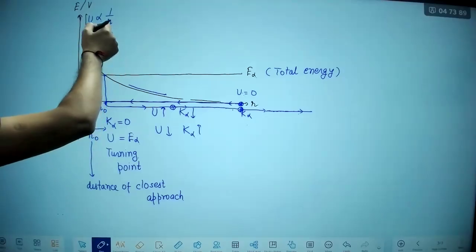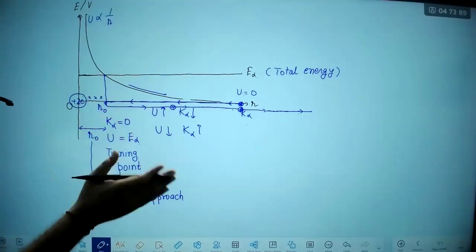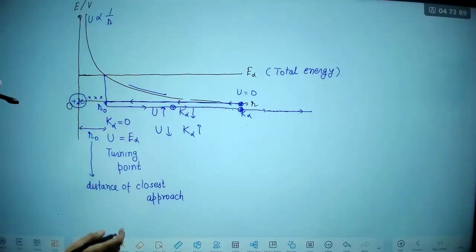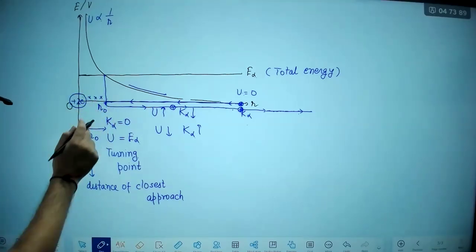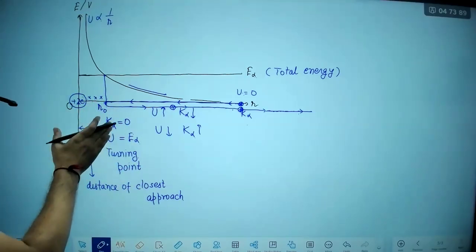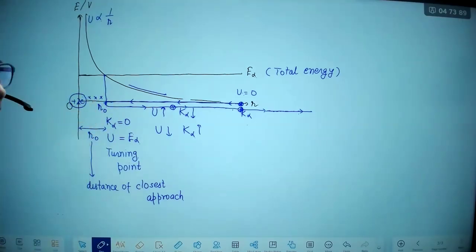If you look at this curve of U, it is greater than the total energy. So potential energy is greater than total energy, and kinetic energy will be negative if you calculate it. A particle cannot exist with negative kinetic energy. So this is the classically forbidden region. Is it clear to everyone?